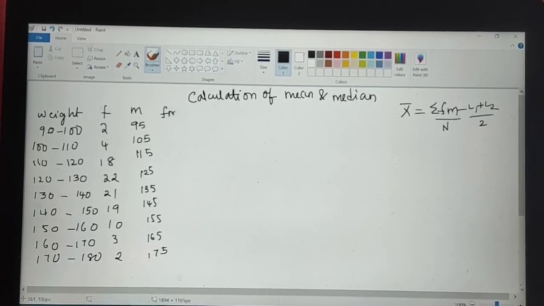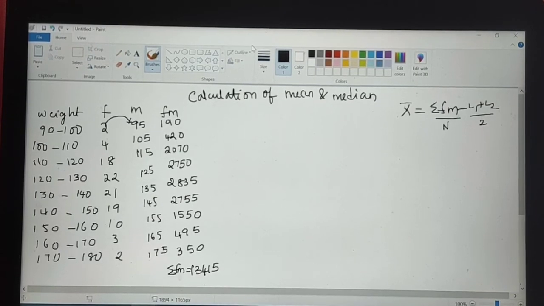Now, in order to get the total of sigma fm, I need to multiply each of these values with the midpoints, that is 2 into 95 and so on. So I have multiplied all of the values and written them down, and also made the total of that column, which is 13,415.